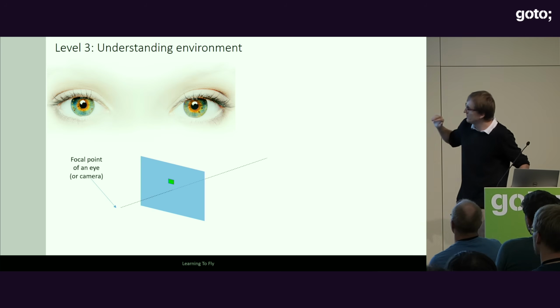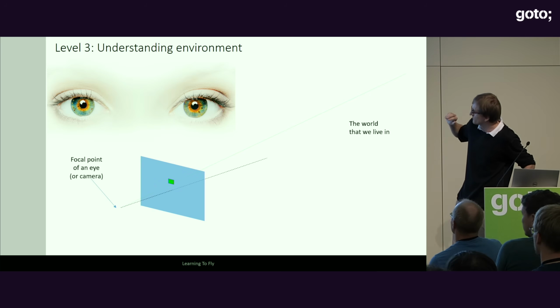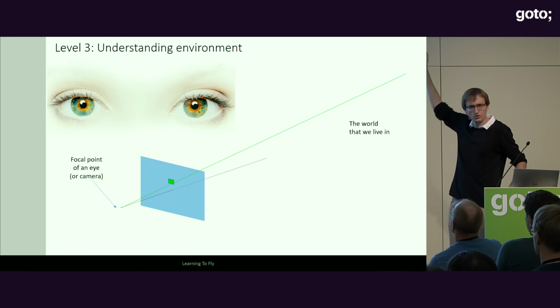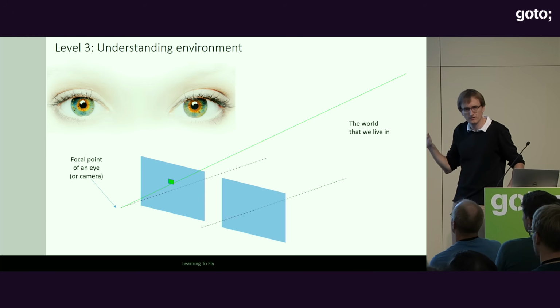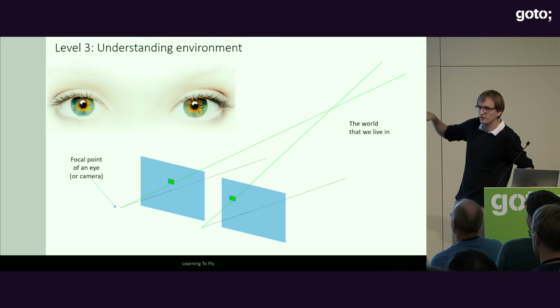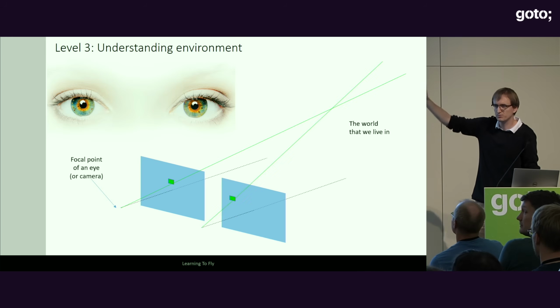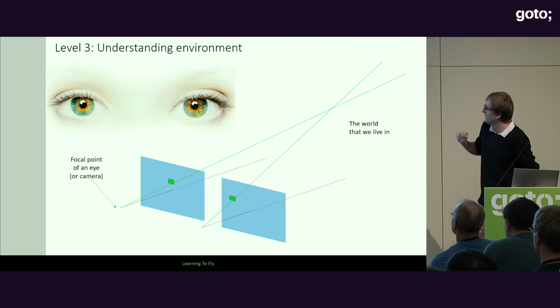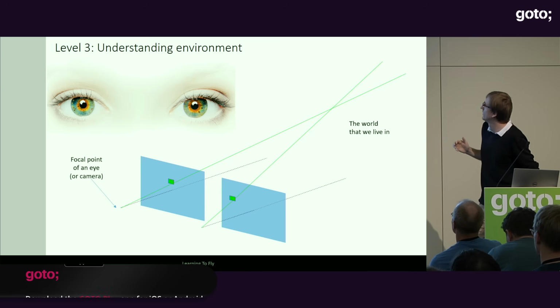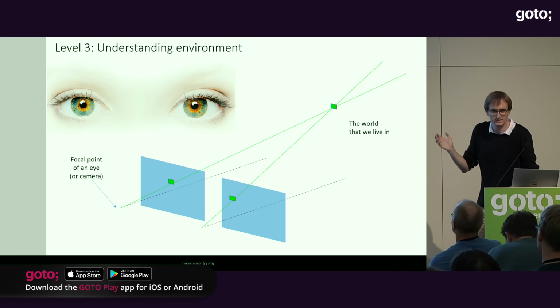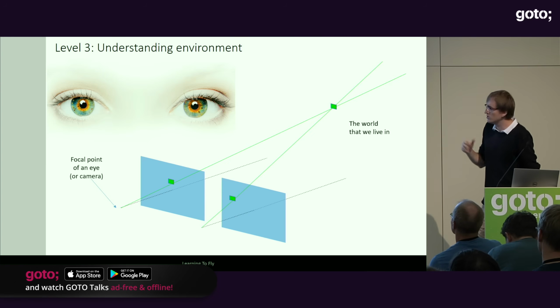In fact, it will only tell you the ray on which the object lies in the world. Unless you have another eye, which is quite common, and in the other eye you have a pixel corresponding to the same object, and then, using some simple maths, you can actually find the place in the world where this object lies.